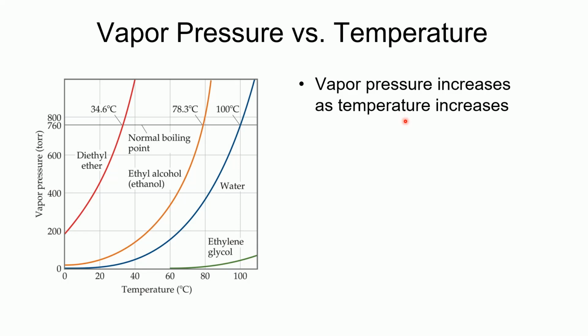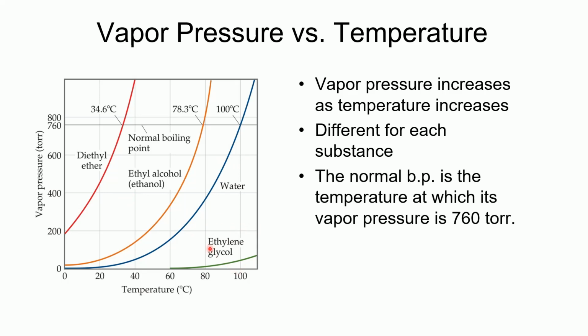We know that already. We will find that this vapor pressure curve will look different for every substance. Pretty much every substance is going to have its own unique curve. All right, and then this is an interesting point: the normal boiling point is the temperature at which vapor pressure is equal to atmospheric pressure.